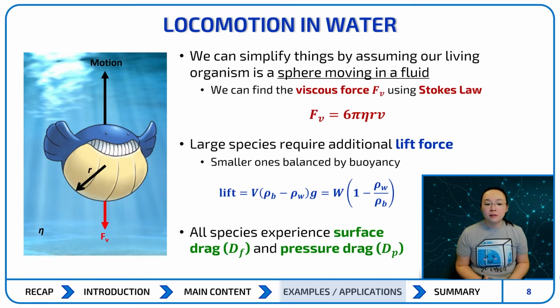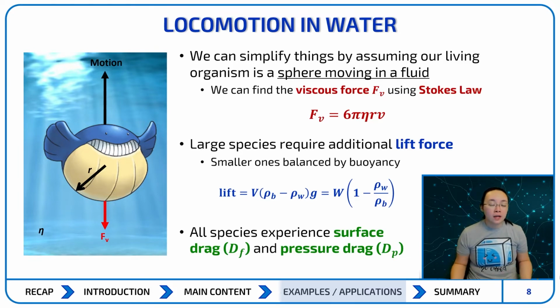Apart from that equation, there was one more that we presented that is actually quite important, and it really depends on whether you're looking at a small species or a large species. If you think about it, a small object in water might be able to just stay where it is without much effort, but a larger body in water means that it's going to have more mass and more weight.